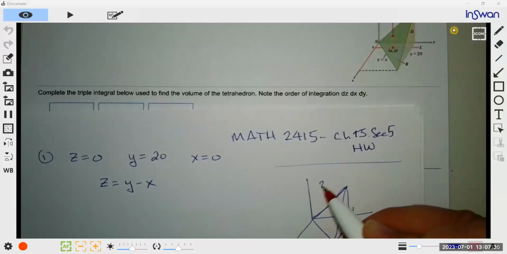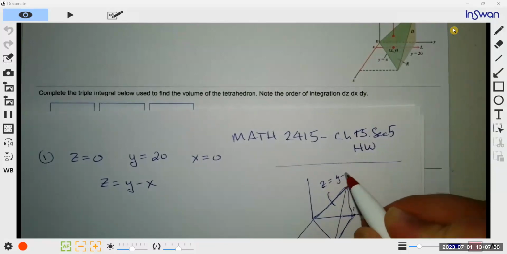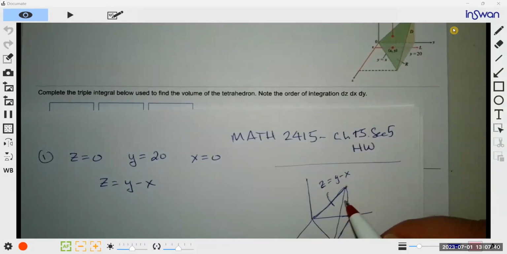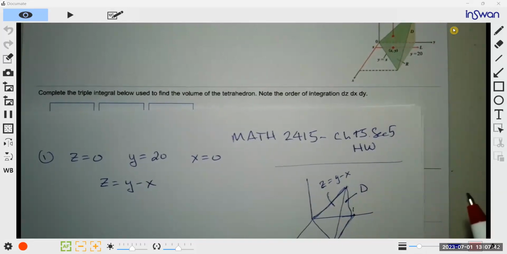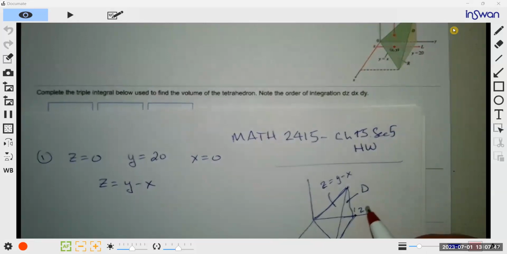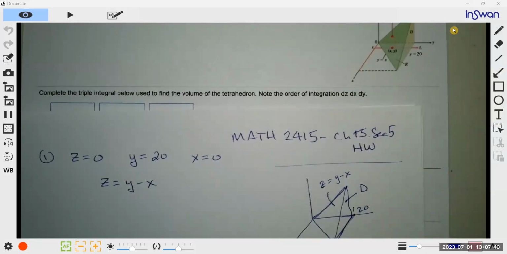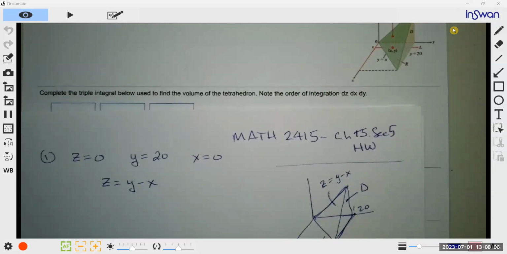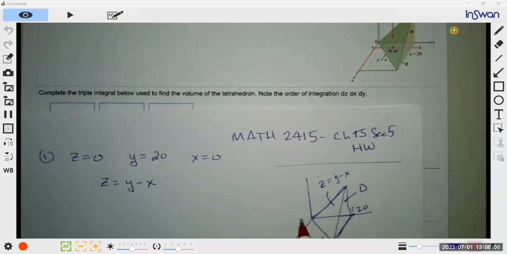This space is the z equals y minus x. This is the object D. So that's y equals 20. We don't know that yet. And this line here is the line y equals x. So since that's 20, that's got to be 20.